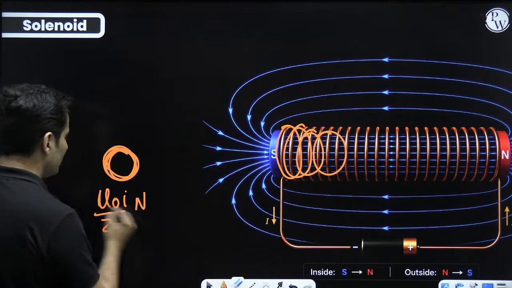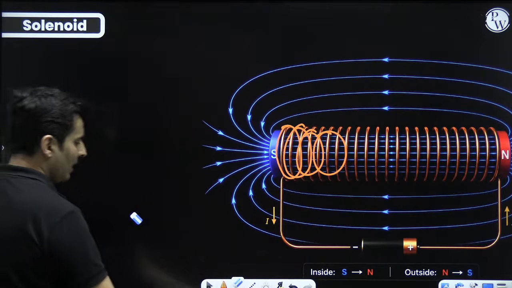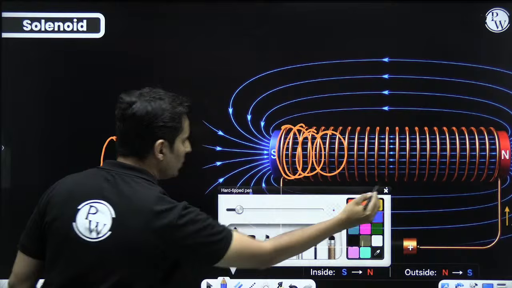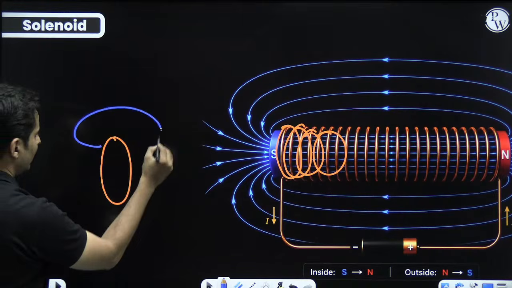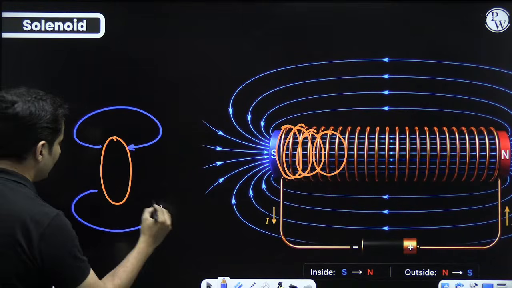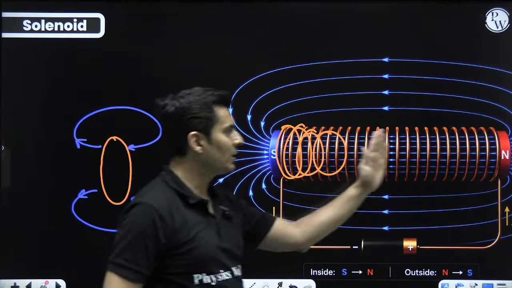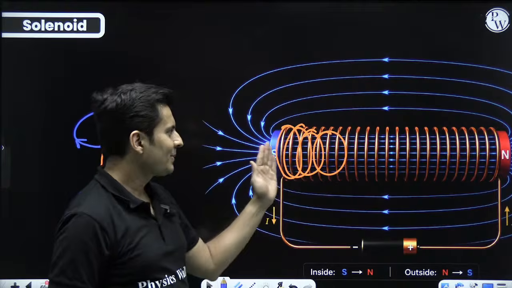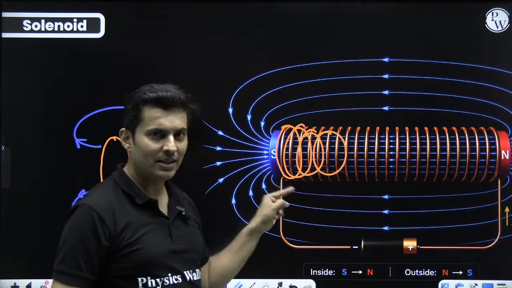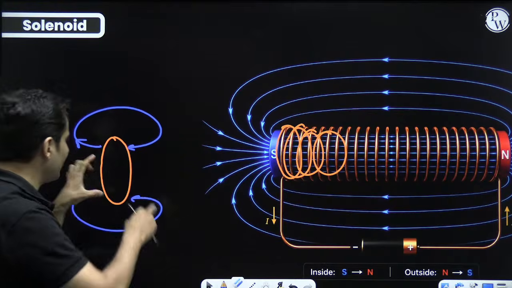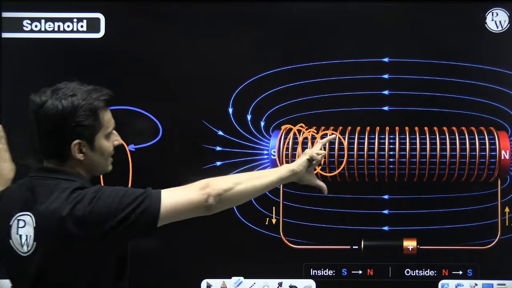In fact, if I just place a single coil, the magnetic field due to that coil will just come like this and go like that, isn't it? But imagine now there are multiple coils placed beside each other, and the same current is passing. Then it feels as if you have taken a coil and stretched it.